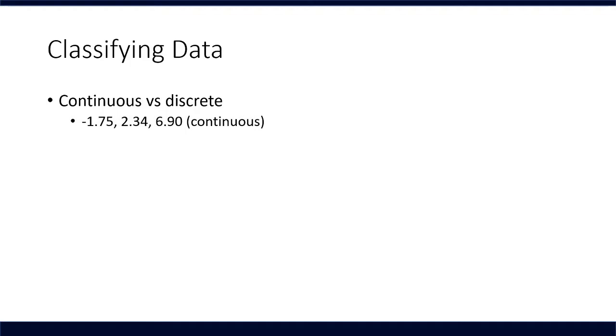In contrast, discrete data cannot necessarily take on any value within a range. Count data, for example, 0, 1, 2, 3, 4, these are discrete data because when you're, for example, counting the number of sites in a given area, you can't really have 2.45 archaeological sites. That wouldn't really make much sense.